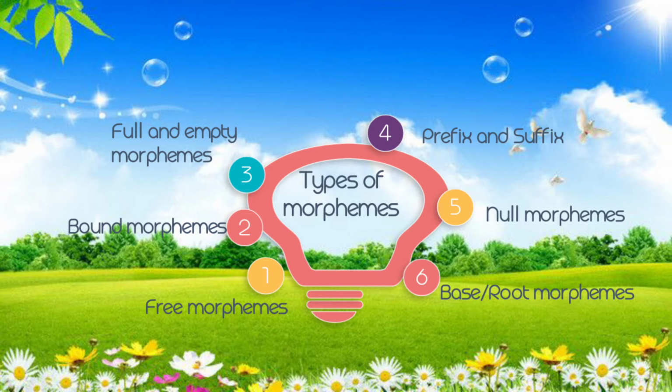Further, we have the prefix and the suffix. We have the noun morpheme, and to end with, the base or the root morphemes.